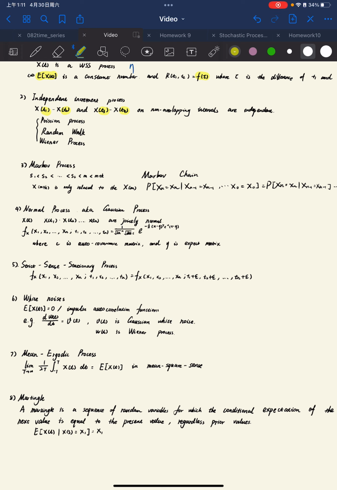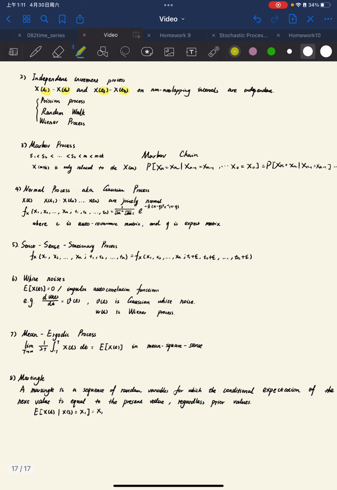There are three types of independent increment process: the Poisson process, random walk, and the Wiener process follow these properties.